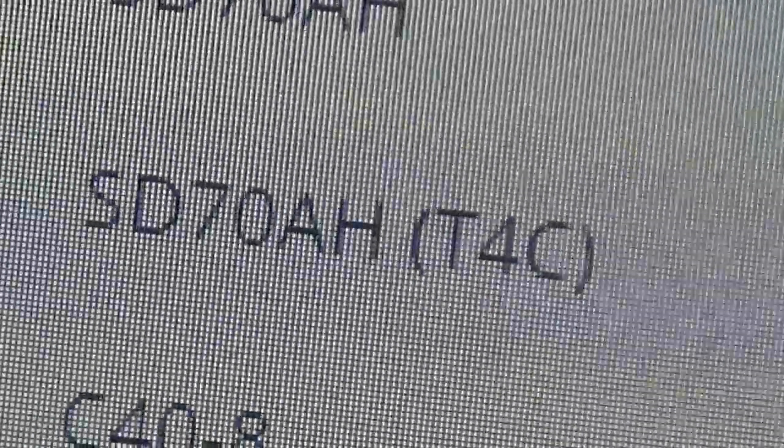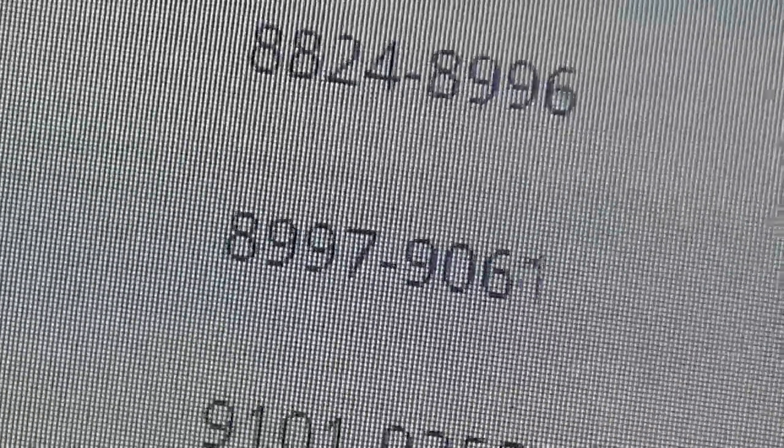There are also other types of locomotives too, like the SD70AH, but there are Tier 4 locomotives. It may be the same kind of locomotive, but if it's a Tier 4, the number series could possibly be different. Like 8997 to 9061 is the SD70AH, but that's for Tier 4 locomotives, for Tier 4 credit units.